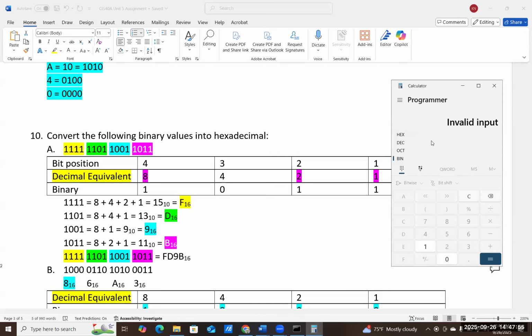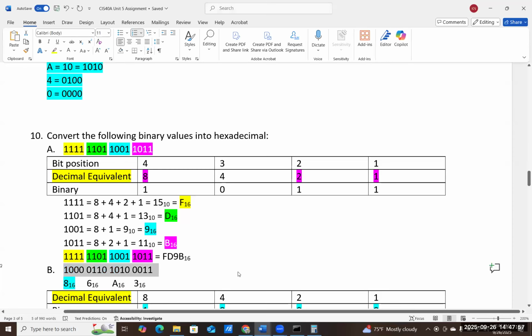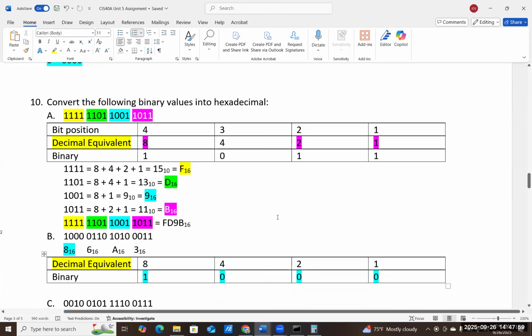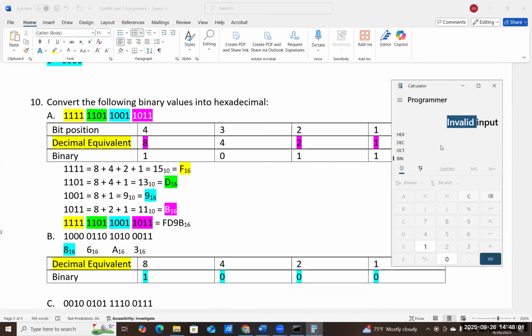Oh, it doesn't let me, but you probably have to type it in. And you can check. So I can go in reverse and check my answer, right? I can do FD9B, and I can click the binary to make sure it matches. And it matched. So the answer for A is correct.